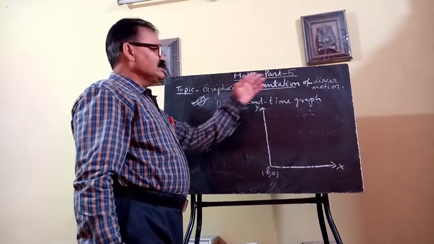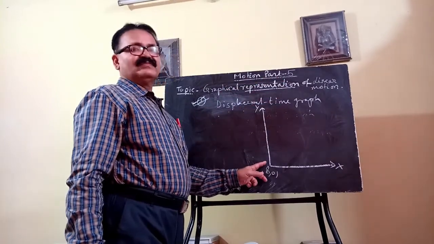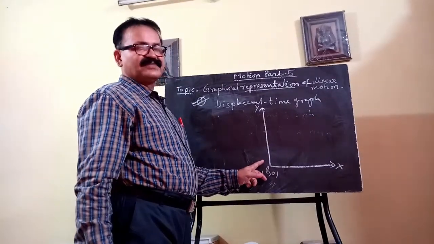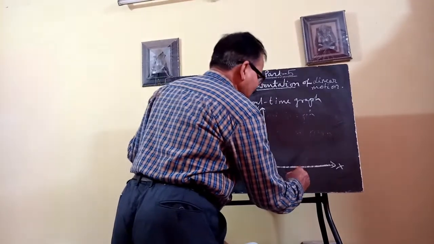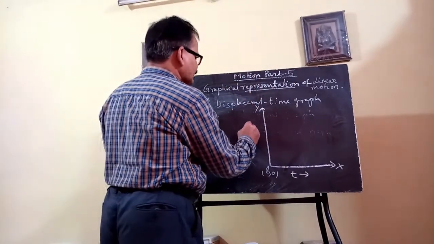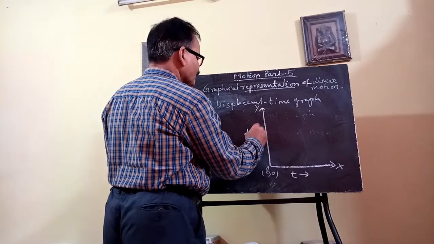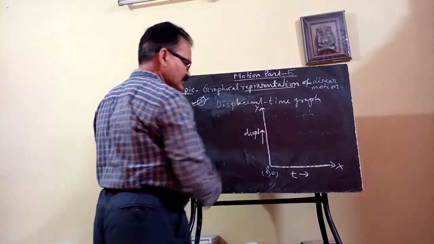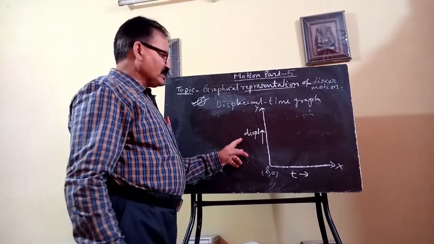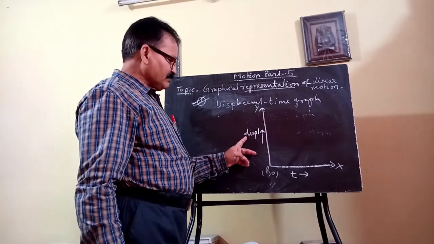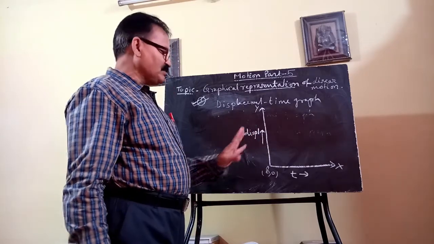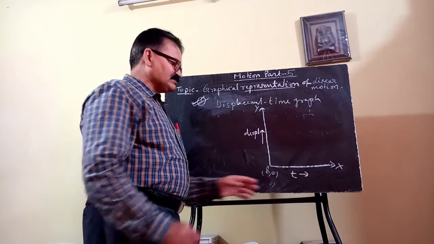In case of linear motion, this O will be the reference point, that is the origin. Along the x-axis time is represented, and along the y-axis displacement is plotted, which I have written in short form as DISPL, and T stands for time.